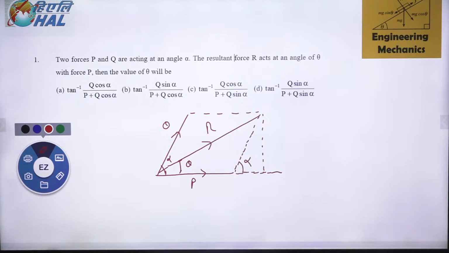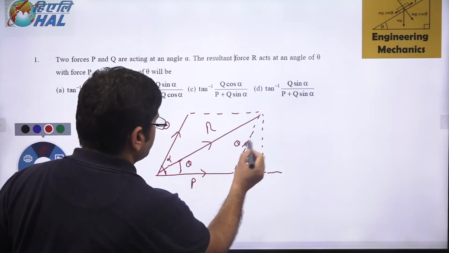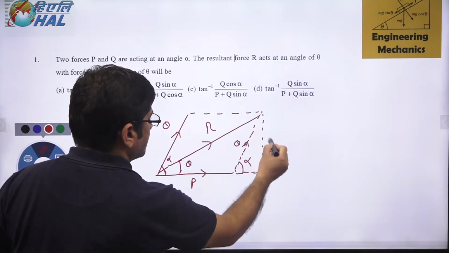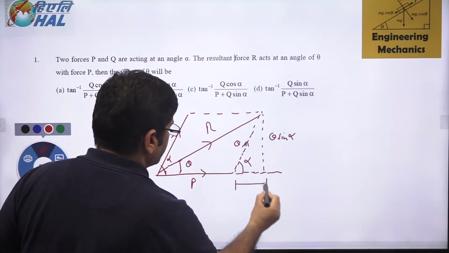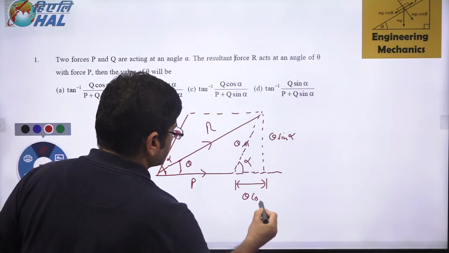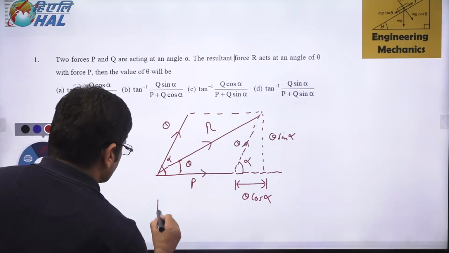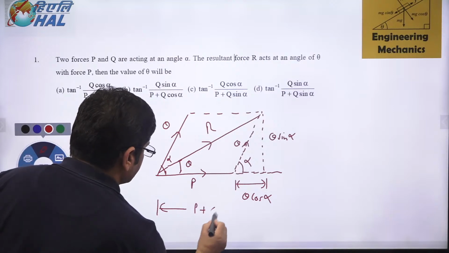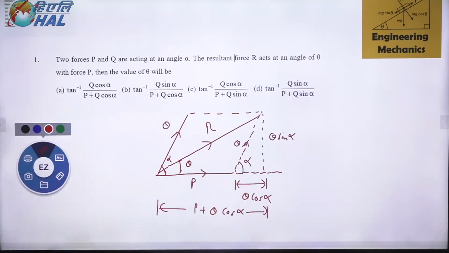If this is the Q force, this one is also Q. Now in the right angle triangle, this becomes Q sine alpha, and this small part becomes Q cos alpha. Now can you tell me what is this total length? This total length is P plus Q cos alpha.